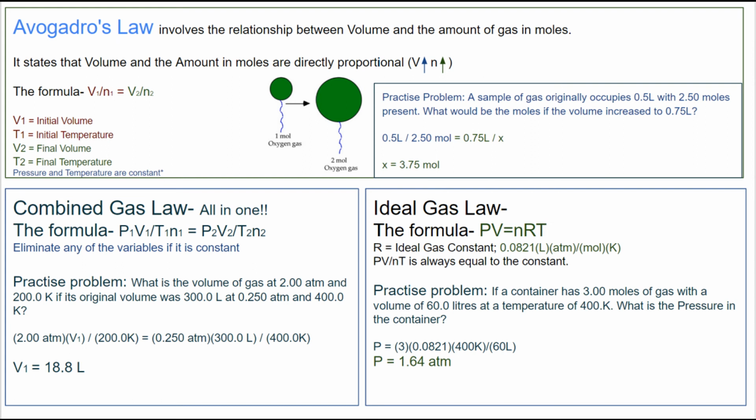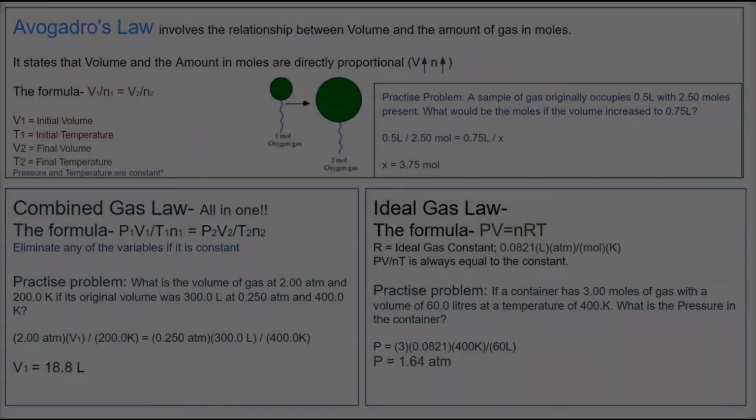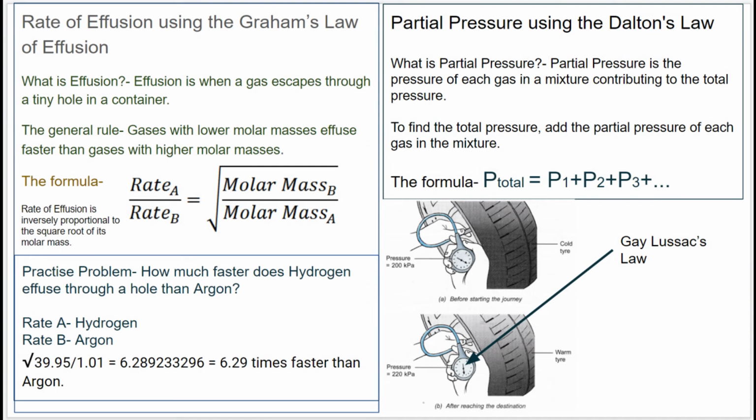And R is 0.0821, and we can plug it in by isolating the pressure, and we get 1.64 atmospheres.